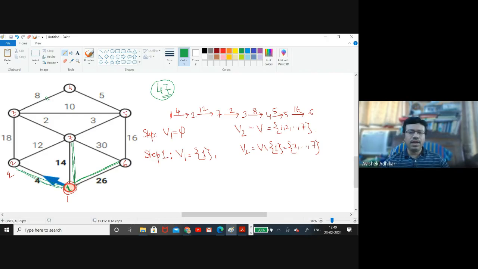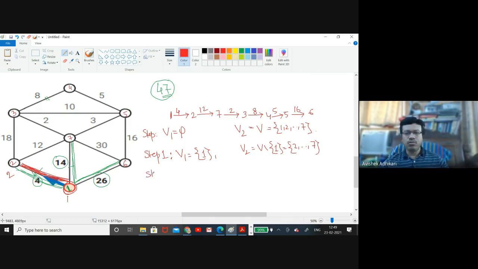So V1 has degree 3, so you can go to any of these 3 vertices. Now choose that edge to form a spanning tree which will have a minimum weight. For example, among 4, 14 and 26, 4 is minimum. So choose this edge. So now you have already chosen this edge for your initial step.